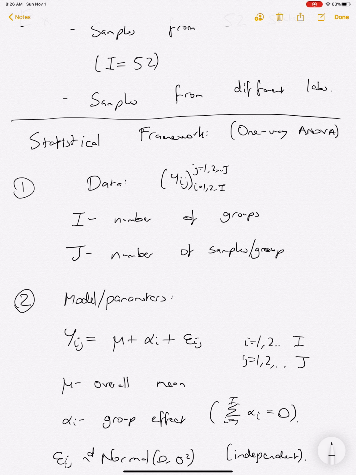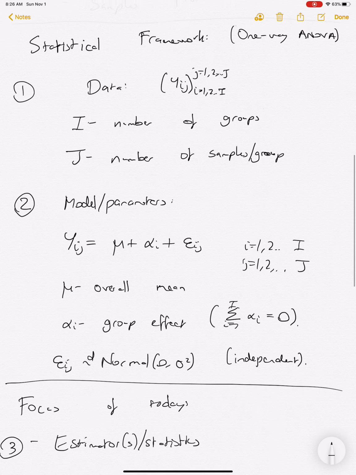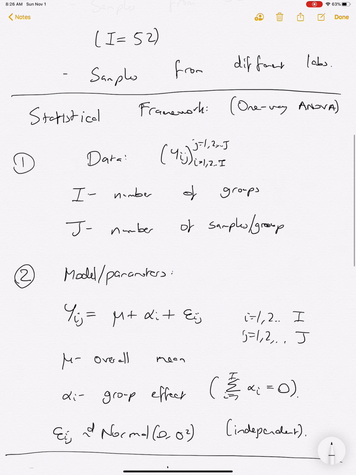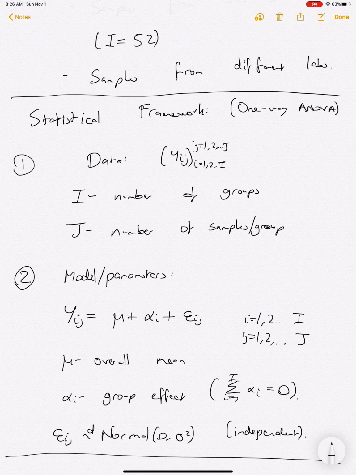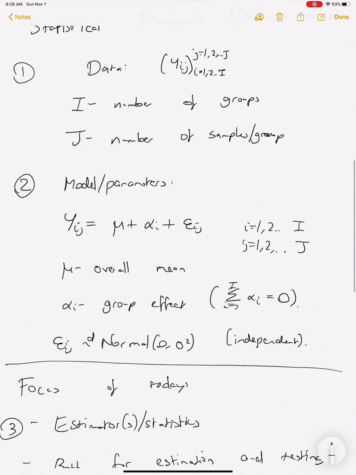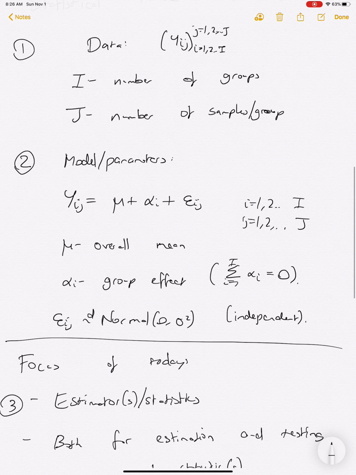Then in the context of the statistical model, what we're going to assume for this one-way setting is that your Y_ij has an overall effect, so that's the overall mean. And then you also have a group effect potentially. So this is the effect on each state.